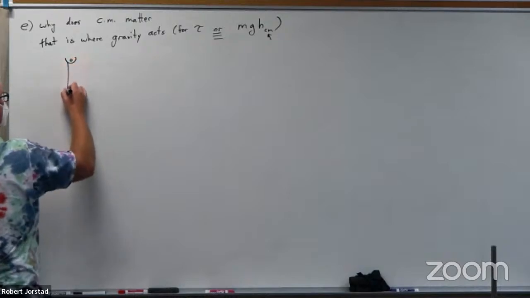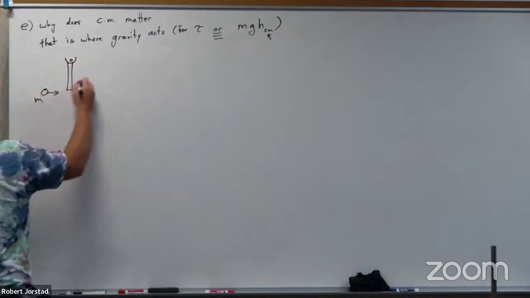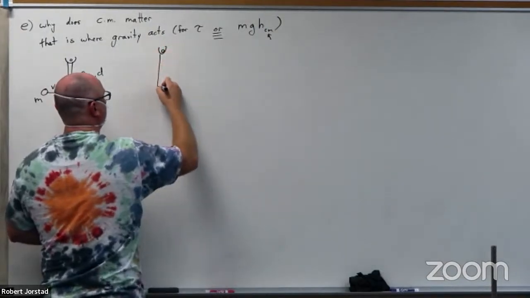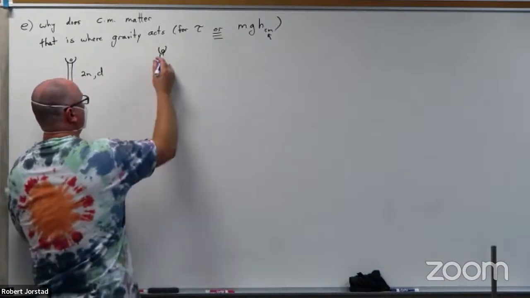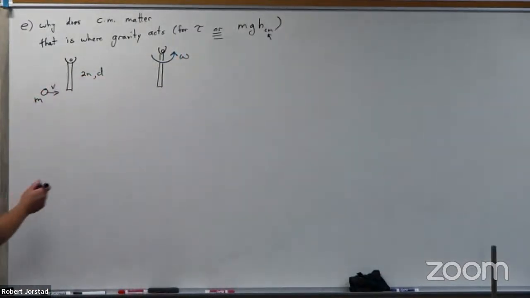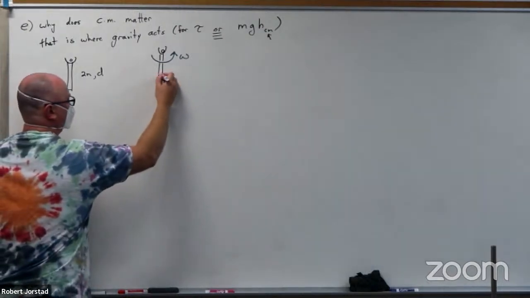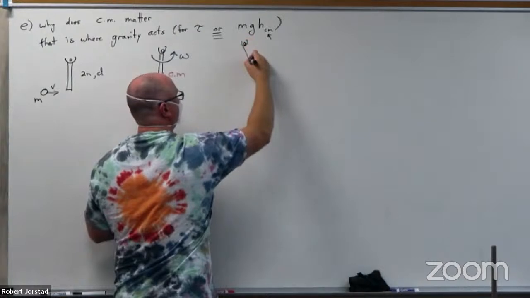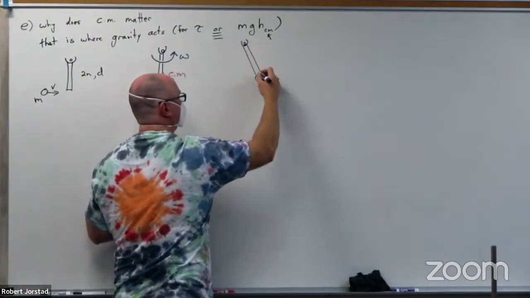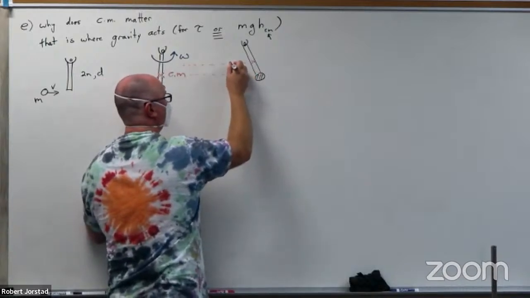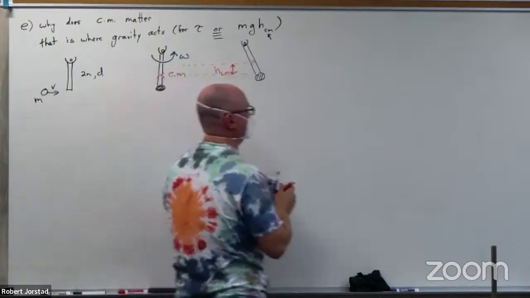I'm going to redraw these pictures really quick. We need to know the height of the center of mass here, so that when it rotates, we can understand how high the mass went. That's the main idea. Did that make sense?